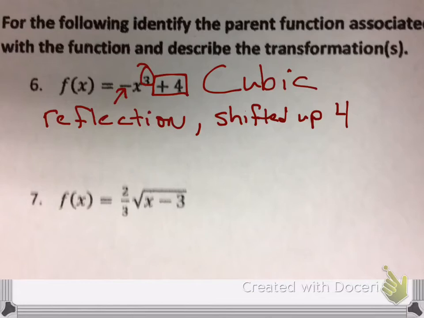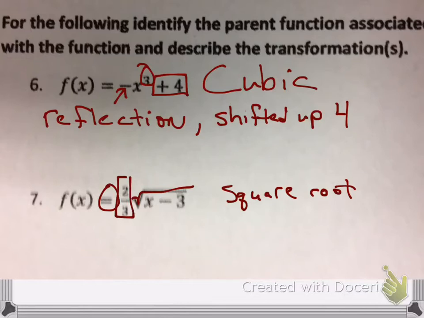Okay, this one, there's no minus. Oh wait, first off, you can tell based on this little bit, it's a square root. And then there's no minus here in the front, so I don't need to worry about reflection. This 2/3 means that this is a vertical compression.